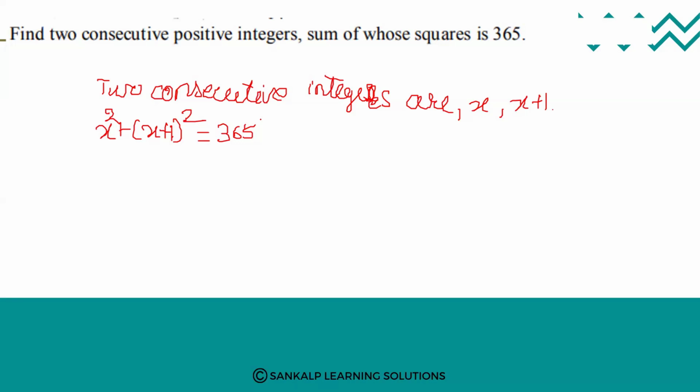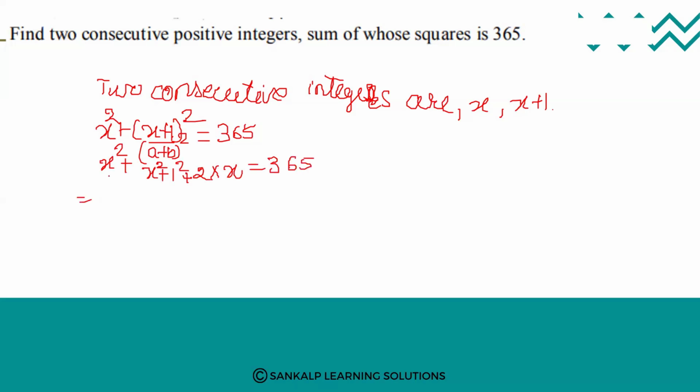Here (x plus 1) squared is of the form (a plus b) squared, that is a squared plus b squared plus 2ab. a squared is x squared, b squared is 1 squared, and 2ab is 2x.